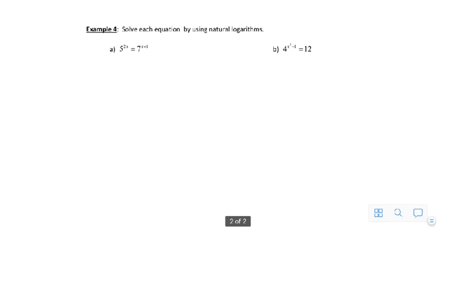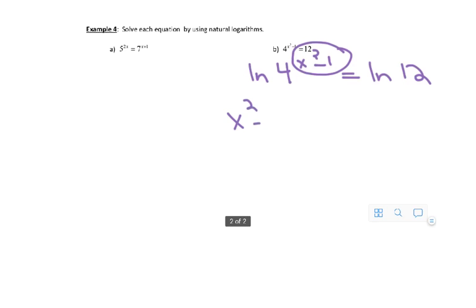All right, we're going to do this again with part B. I want to solve this using a natural logarithm. So what I can do with a natural logarithm is I can start by writing it like this. The exponent becomes the coefficient. Then I would turn those natural logs into decimals.